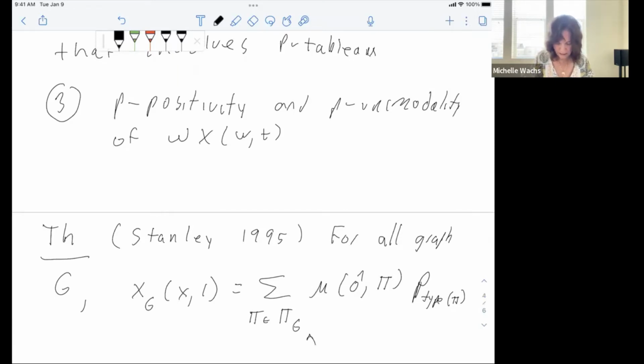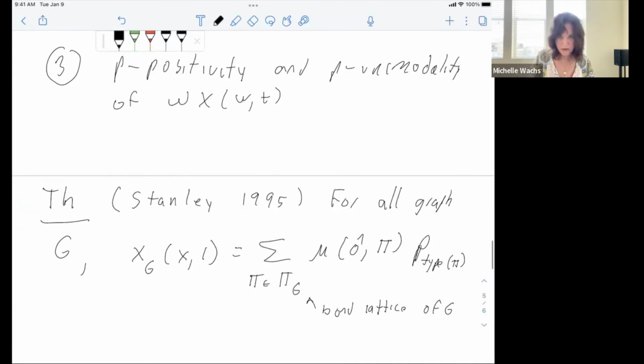This is the bond lattice of the graph. We're taking the Möbius function on the bond lattice and the type, so the bond lattice is a sublattice of the partition lattice. The type of the partition is just the size of the blocks. So we get a number partition by taking the type of a set partition. And this is the power sum symmetric function. That's what the P stands for.